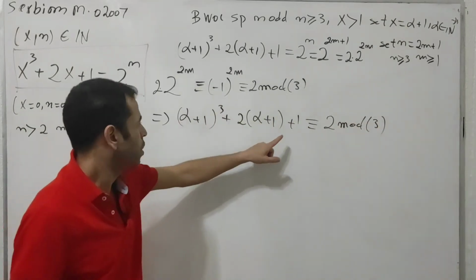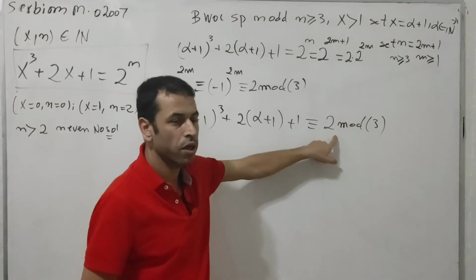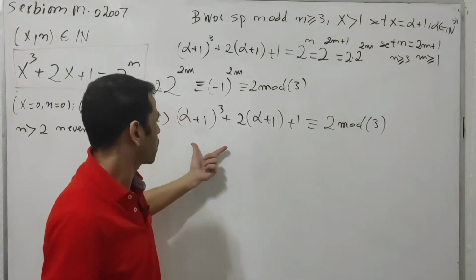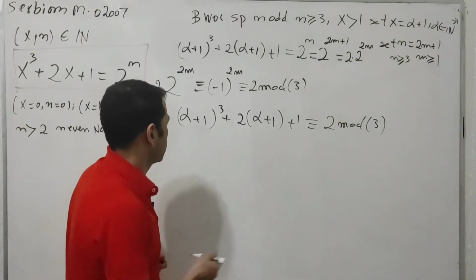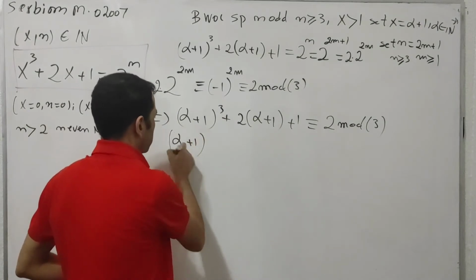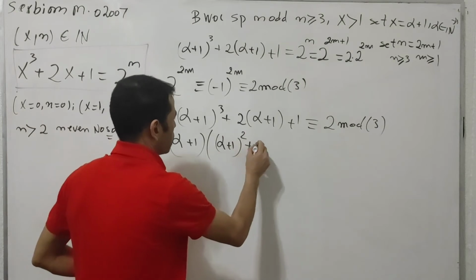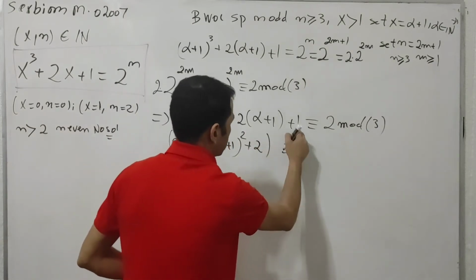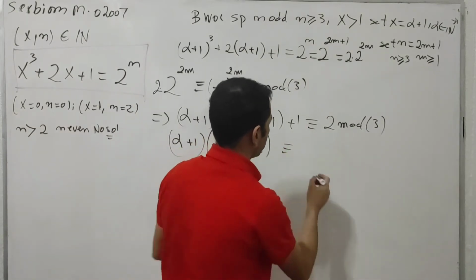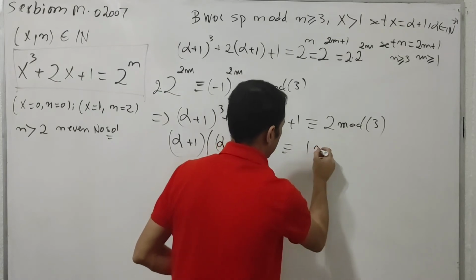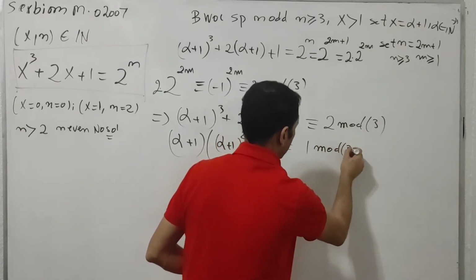I'm going to take this number 1 to the right side and make alpha plus 1 a common factor for the left side. So we'll have alpha plus 1 factor, alpha plus 1 squared plus number 2. This one goes here, it becomes 2 minus 1 mod 3.